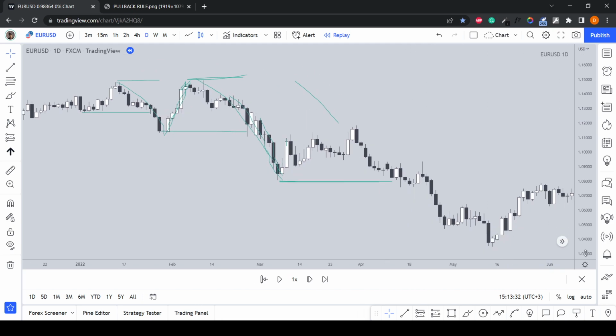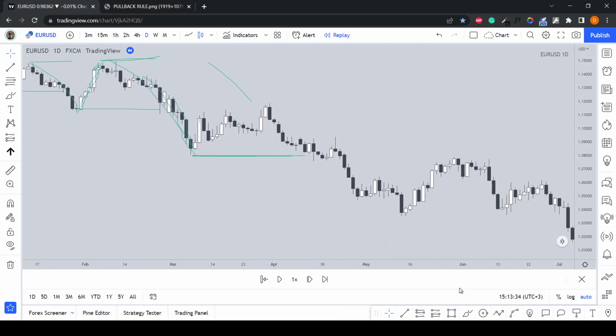Now let's follow through, and we have this break which came from here. So you see, because we had an impulse and a pullback, this is the end and this is the beginning, because the pullback is here. So no pullback happened before, but it framed the impulse, it framed the push.